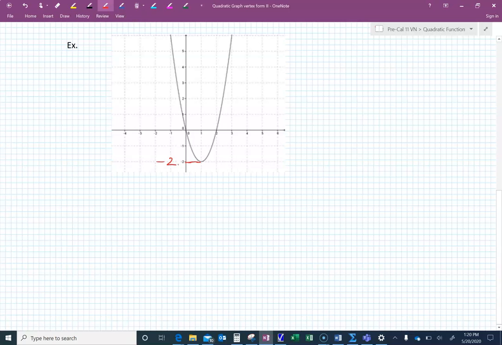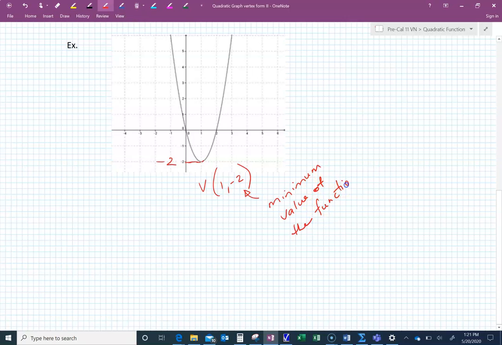So if I want to write this, for the vertex it is simple to know. The vertex is what? We have (1, -2). Great. This -2 represents the minimum value of the function, which is the y value.